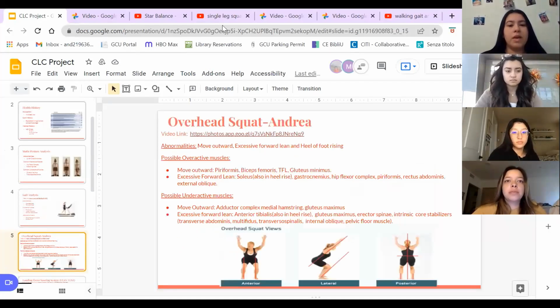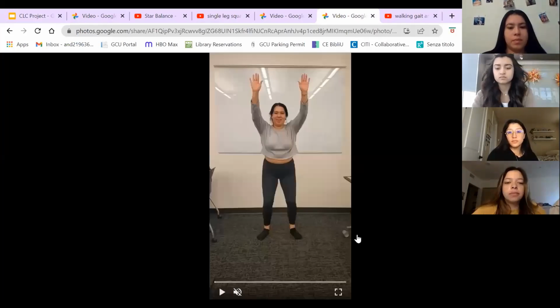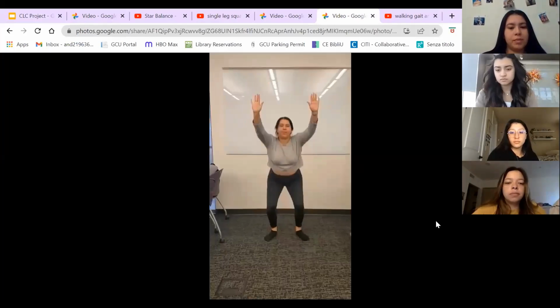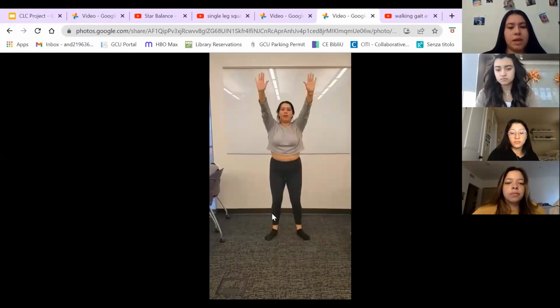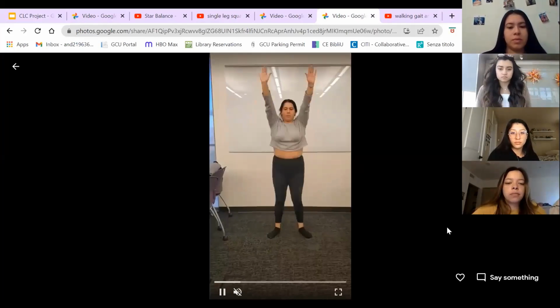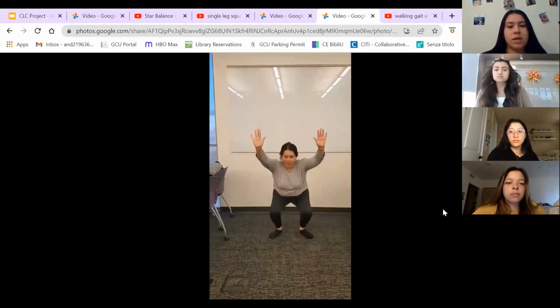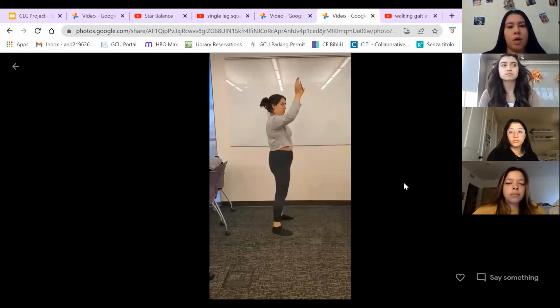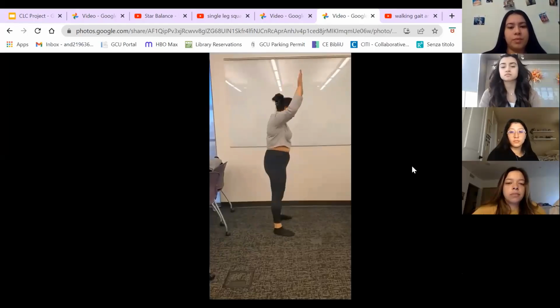Next up, we have the overhead squat. As you can see, the knees are pointing out and they're not aligned straight with the feet, as the feet are also pointing out. You can see the hands also coming down every time the squat is performed.